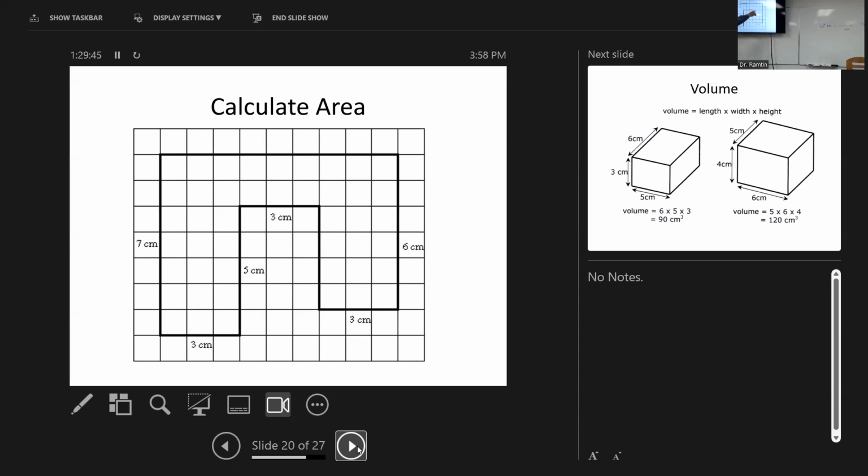Now this is 5, and this is 5. This is 7. So this is 2. So it's 2 times 9. I was looking at the wrong one. 18 centimeter square.